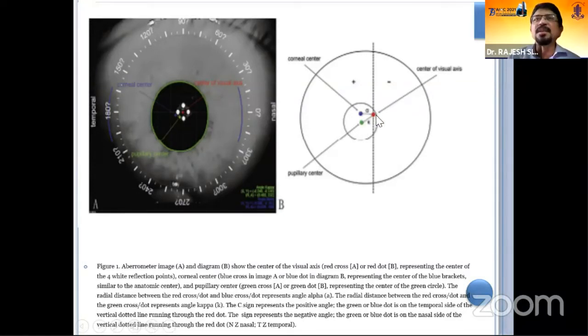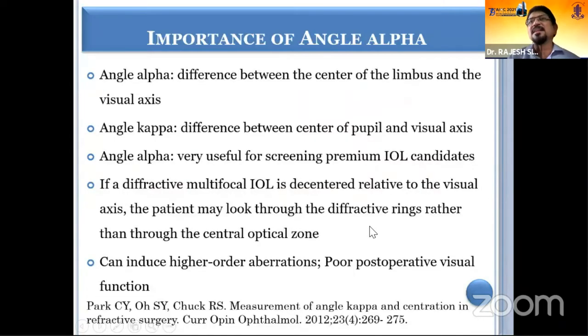But when we talk about cataract procedures, IOL implantation, the corneal center is important, because the center of the limbus, or the corneal center, is the key, because the IOL centers at the corneal center. And there should not be a great difference between the visual axis and the corneal and IOL center. So as I said, angle alpha is the difference between the center of the limbus and the visual axis.